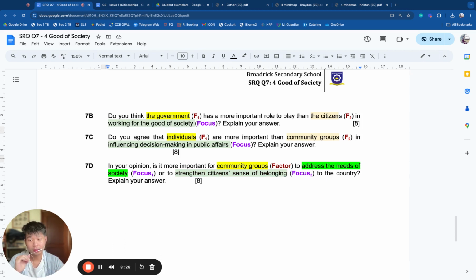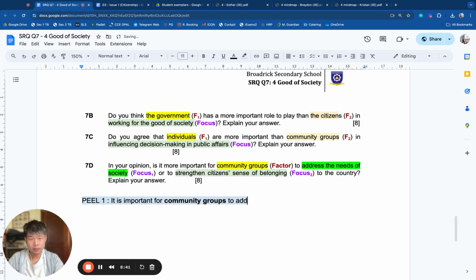So the strategy is still the same. It's still from factor to focus. So PU1 for 7D would still be, it is important for community groups to address the needs of society. For example, community groups.